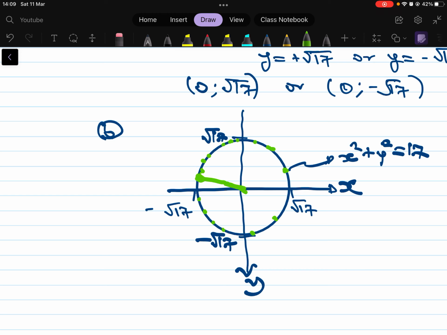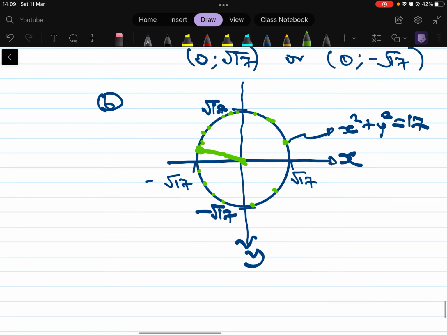So for it to be within the circle or on the circle, its value of x or y cannot be greater than the square root of 17, because if it's greater than the square root of 17, it is outside the circle, as you can see. So its x value and y values cannot be greater than the square root of 17.